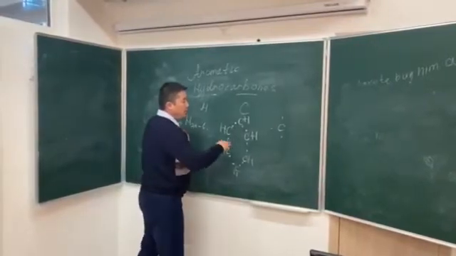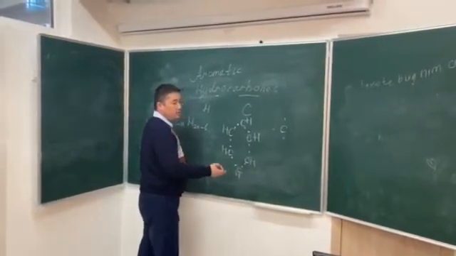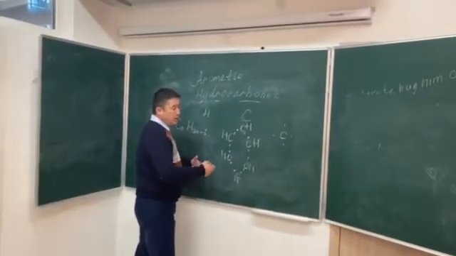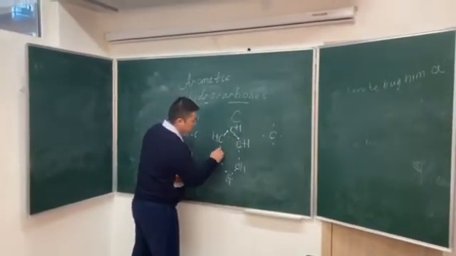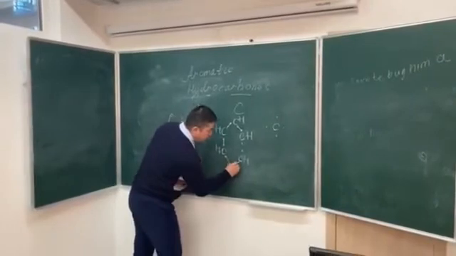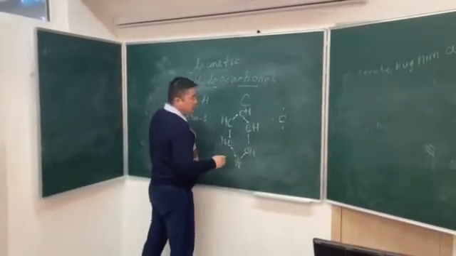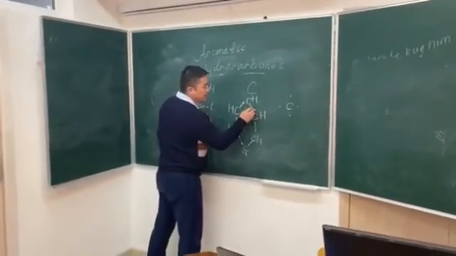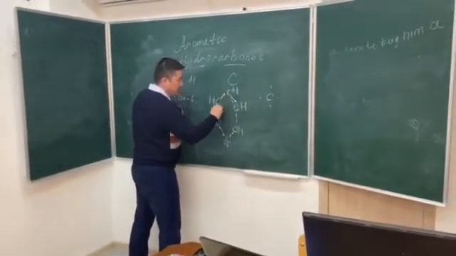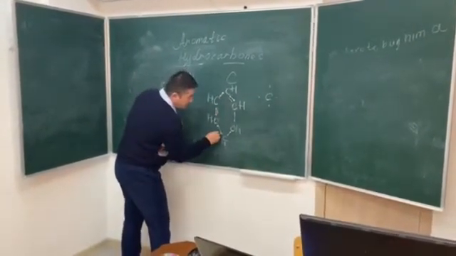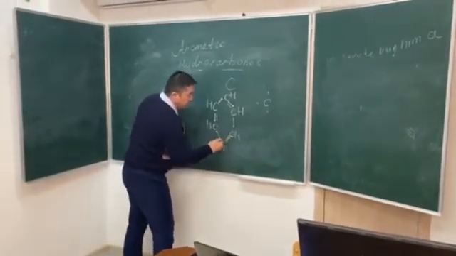But we have another electron, so here the bond will change. How does it change? This is a single bond, double bond, single bond, double bond, single bond, double bond.